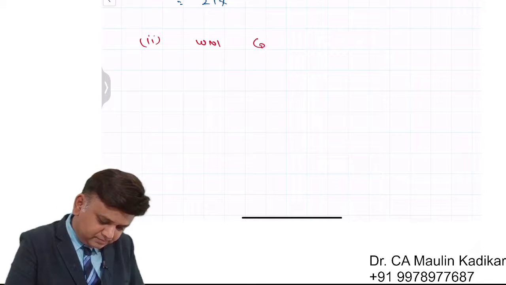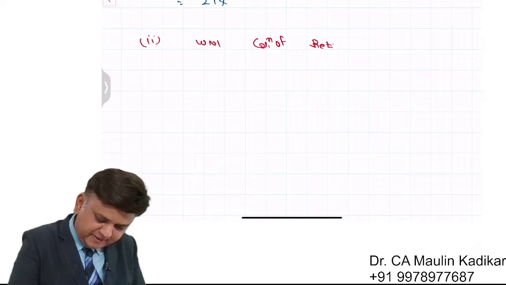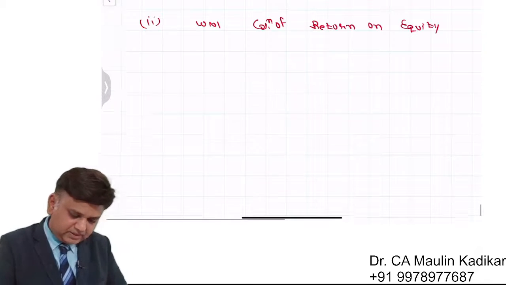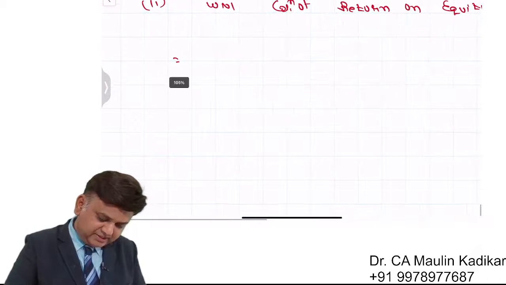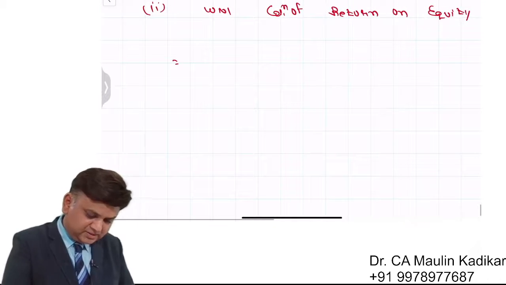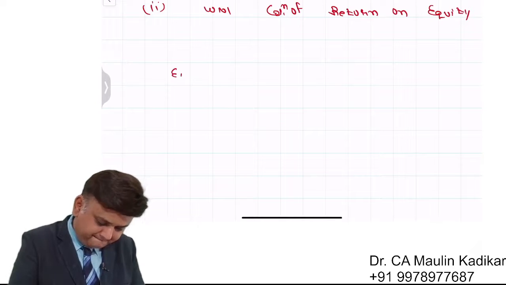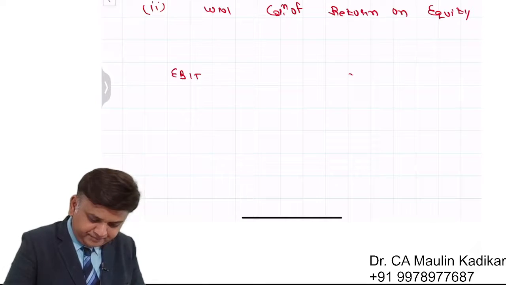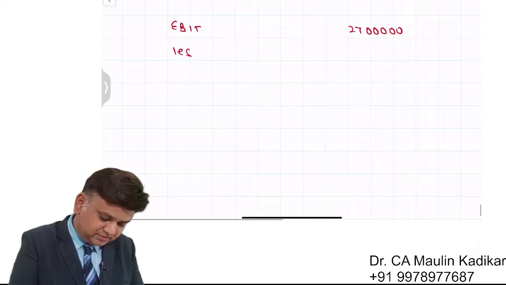Calculation of return on equity. In that, we can say it is earning before interest and taxes, an amount of 27 lakhs, less interest.